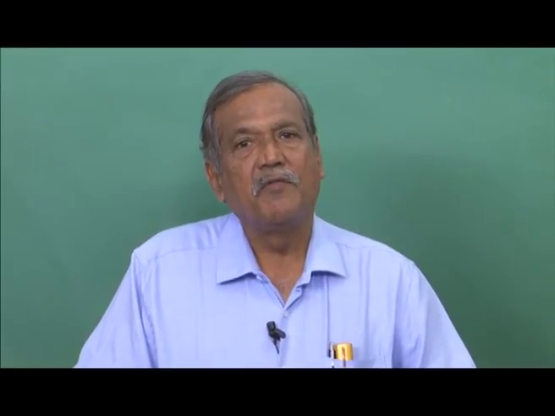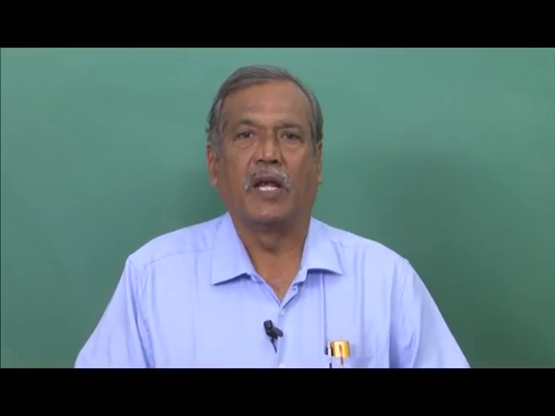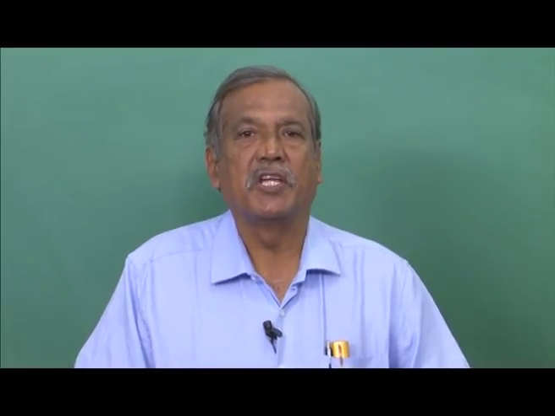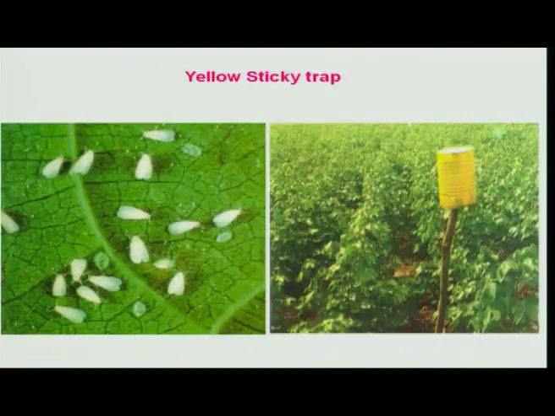And the adults, remember, the adults of serpentine leaf miner, which is an important invasive pest, both male and female, are attracted to this yellow color and they will be trapped, and we can reduce the population considerably using this behavioral phenomenon. Similarly, cotton whitefly, another important pest, as all of us know, caused major economic damage in North India this year, is also attracted to yellow color.